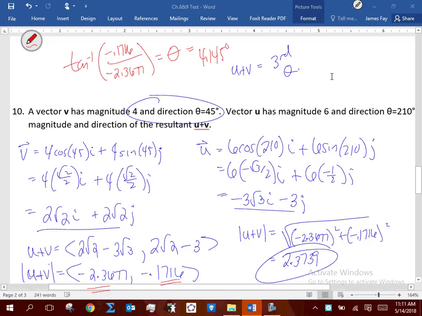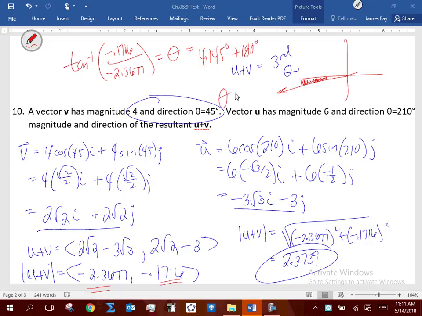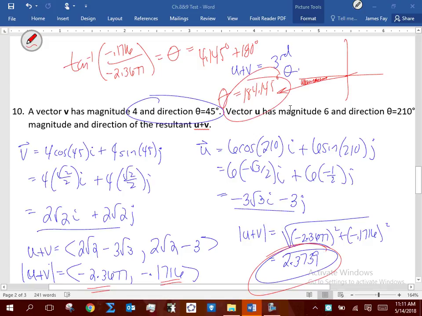Now, if you think about that, something with a theta of 4.145 degrees is going to be in the first quadrant. We know our u plus v should be in the third quadrant. So what do I need to do with that 4.145? That 4.145 is that angle right there. So I need to add 180 degrees to it, and now I get my direction of u plus v to be 184.145. So magnitude 2.3739, direction 184.145.